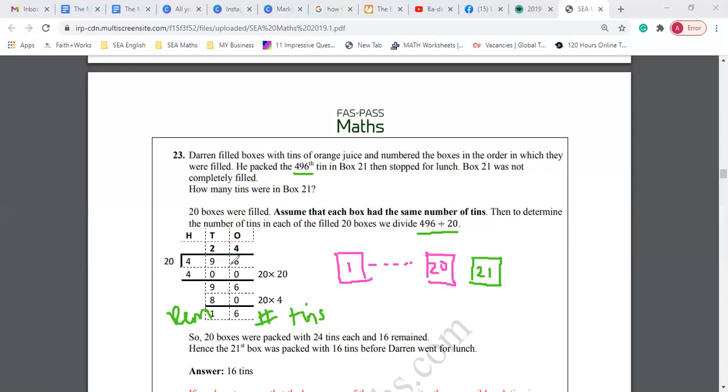The answer on top is how many tins are in each box. So from 1 to 20, each box has 24. All of these have 24. But this lone green one here has 16. So the number of tins in box 21 is 16.